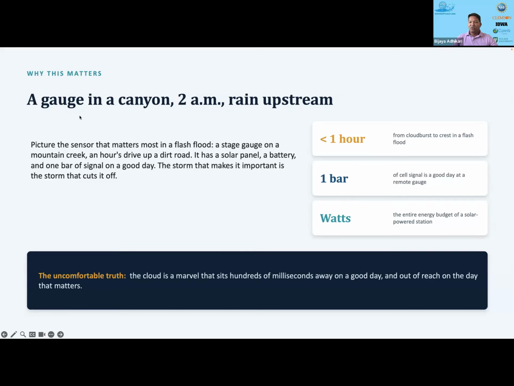And as you all know, right, flash floods are very dangerous, right? So basically, a small creek can go from ankle deep to flooding cars in 30 minutes, right? And the gauges are there to warn us about this possibility, right? And then heavy rain makes radio links unusable, right?